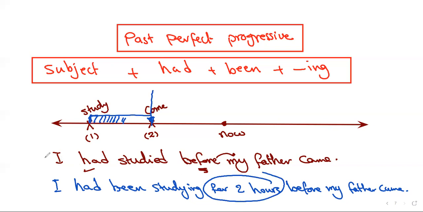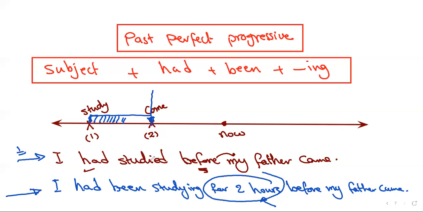Again, the difference between the two tenses: I had studied before my father came. I concentrate on the idea that something happened before another action in the past. This is the past perfect simple. In the past perfect progressive, I had been studying for 2 hours before my father came. I concentrate on the idea that something was in progress before something else in the past.